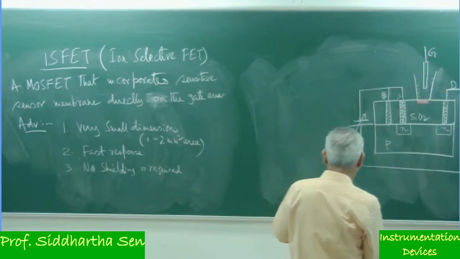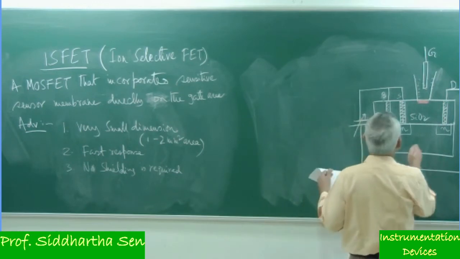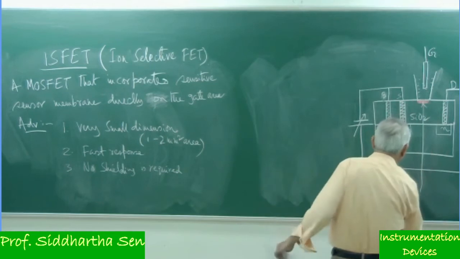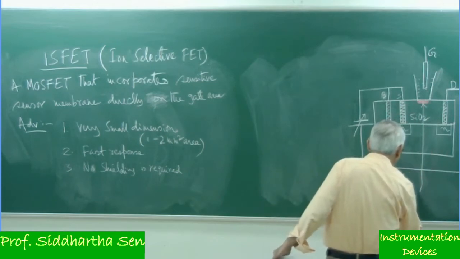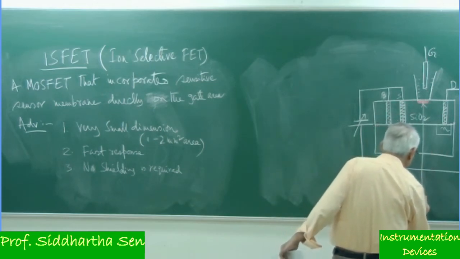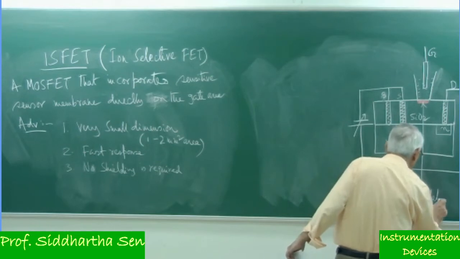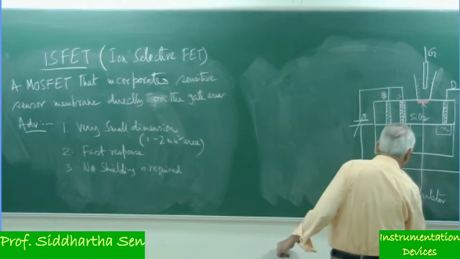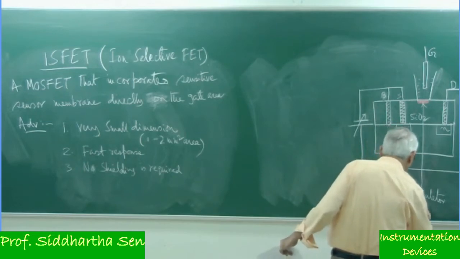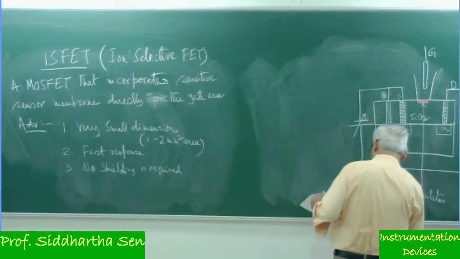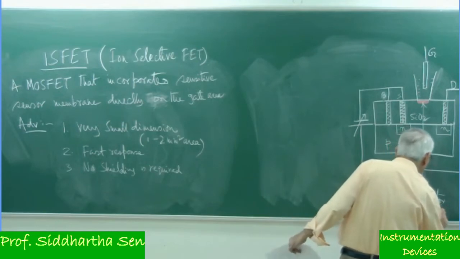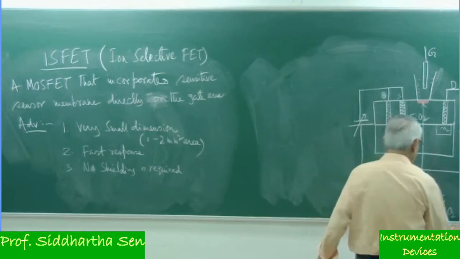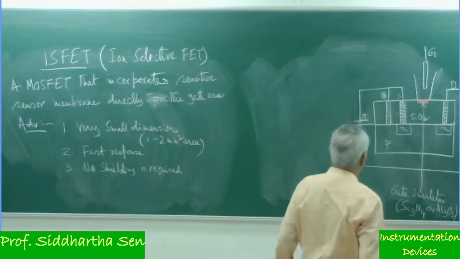So what we have is a gate insulator, which is basically silicon nitride, or aluminum oxide here. We put some insulator there.